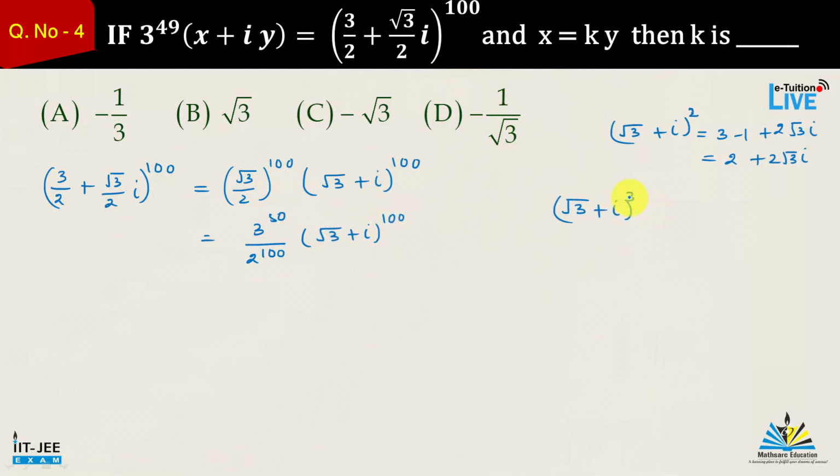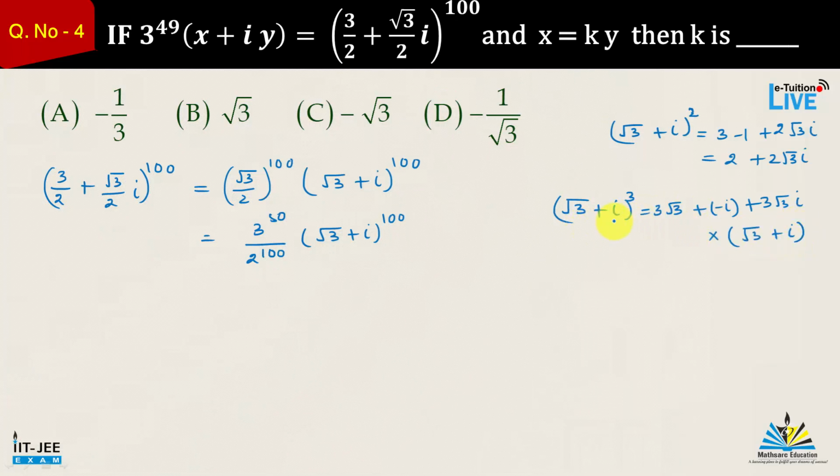So if we think of the cube, then this is equal to a cube plus b cube, that is cube of root 3, that is 3 root 3, plus b cube, iota cube is minus iota, plus 3AB times (root 3 plus iota).